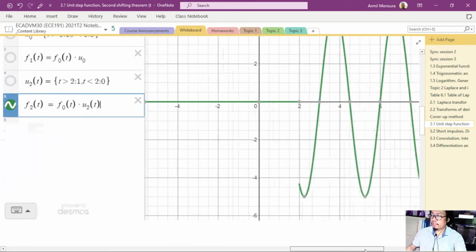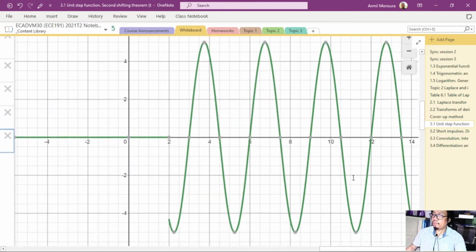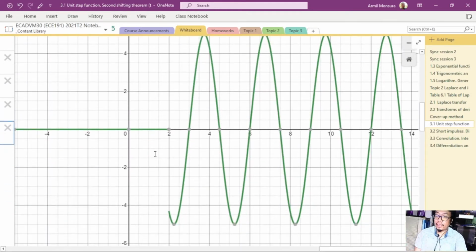Here we are attempting to graph what we call the delayed sinusoid, but it's essentially not delayed.